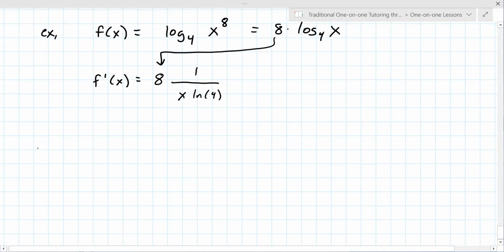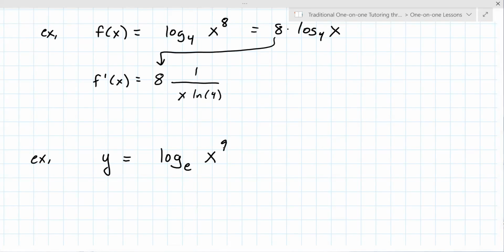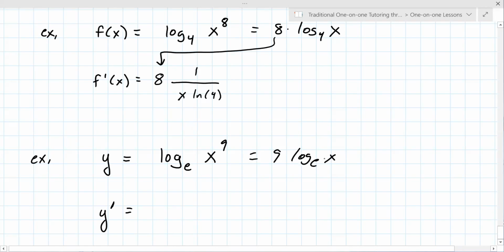So let's do another example here. Let's say that y equals log base e of x to the 9th. It's the same thing. We're doing derivatives. So you bring down the 9, you put the 9 here.